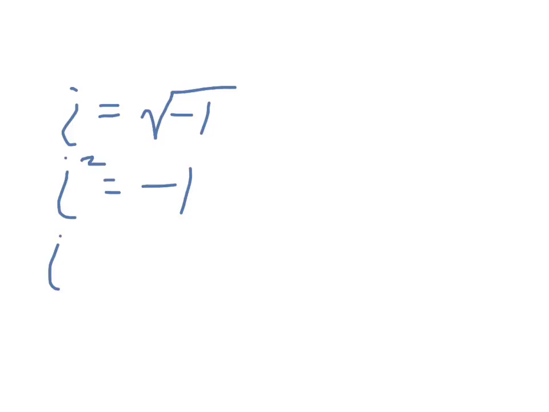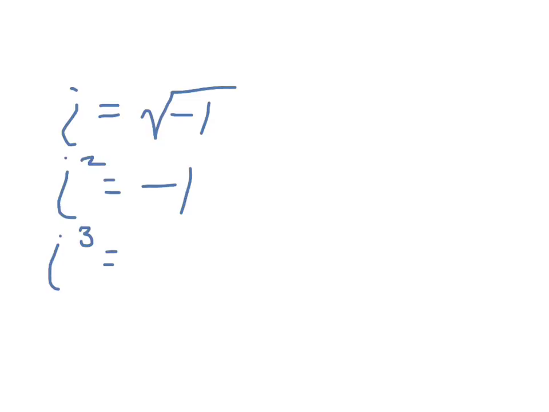So what's I to the third? Now, before you start guessing, when you're dealing with exponents, the rule is if you multiply 2 things with the same base, you can add exponents. What 2 numbers add up to be 3? 2 and 1, right?